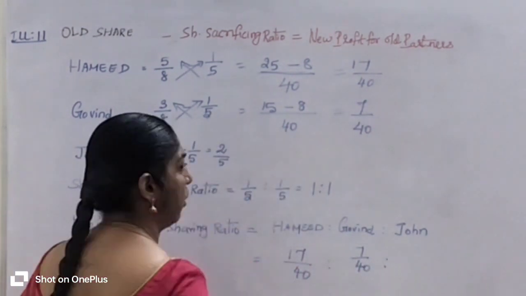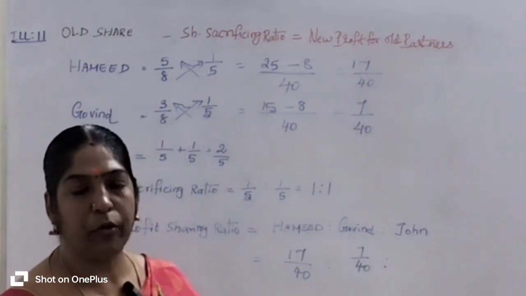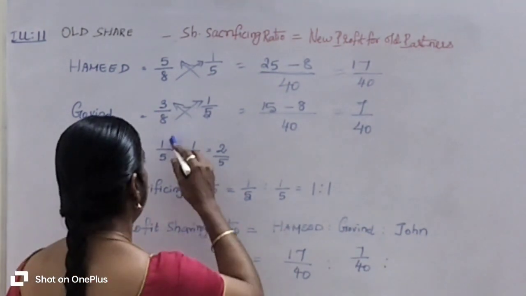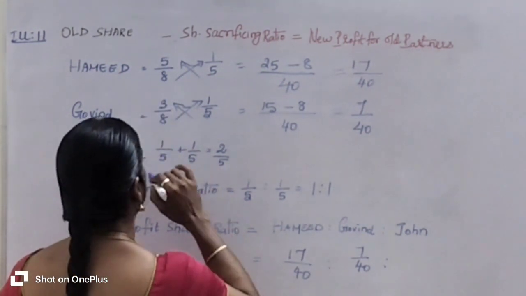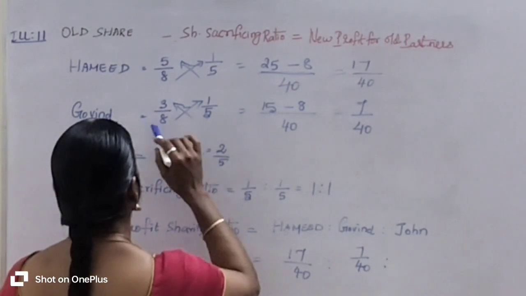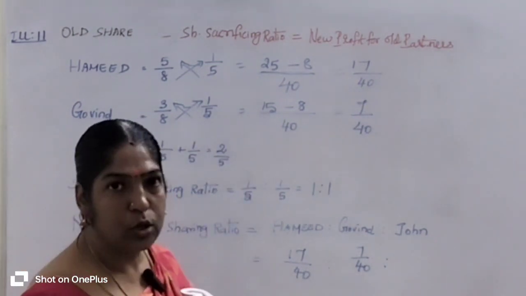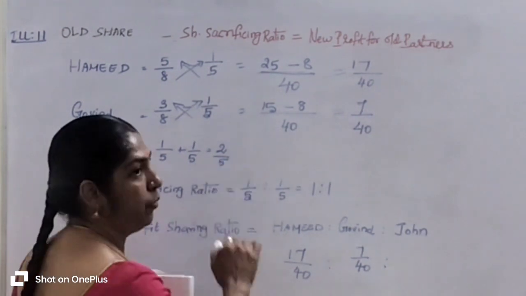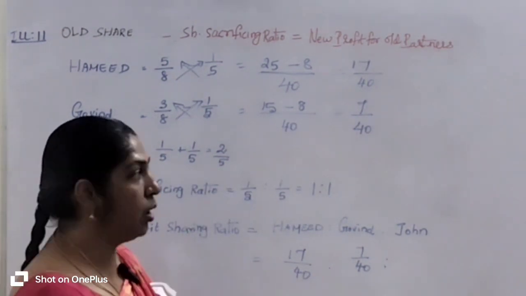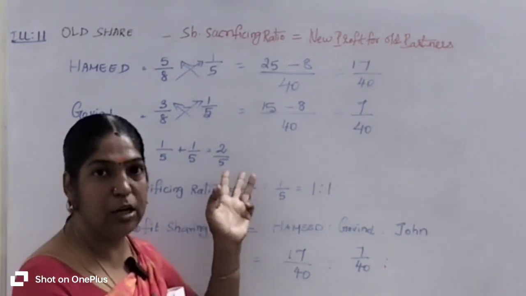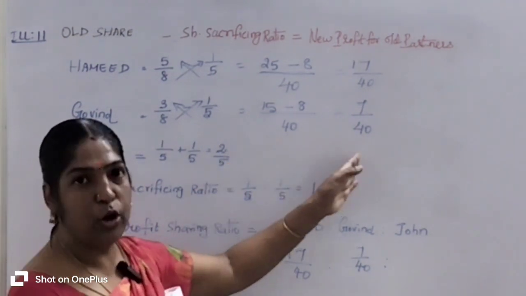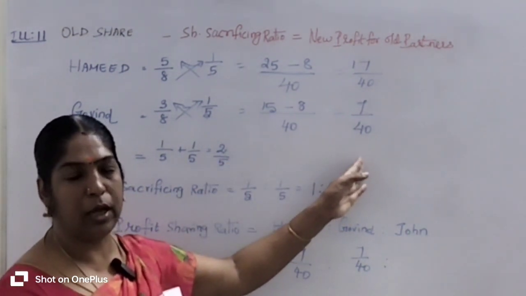Then we calculate John's new profit sharing ratio. John is the new partner. He acquires 1 by 5 share from Amit and 1/5 share of profit from Govind. So he will get 1 by 5 plus 1 by 5, 2 by 5 of the share. But look at his denominator. His denominator is not equal to the old partners' denominator.